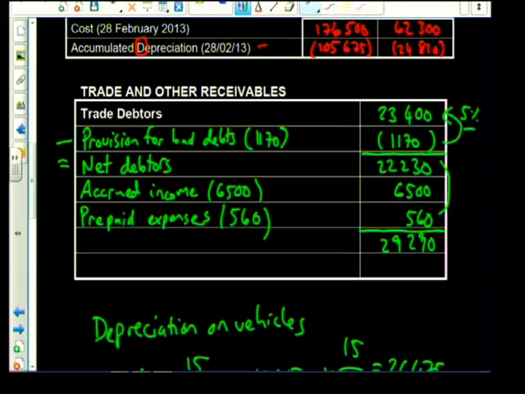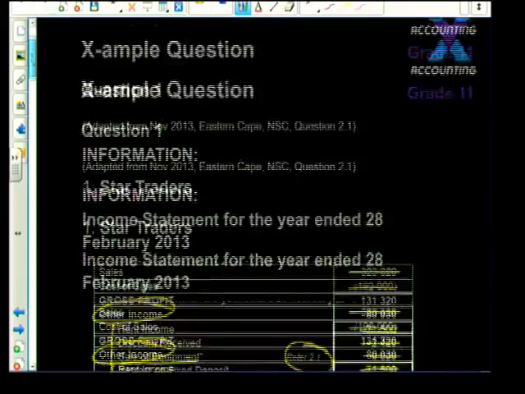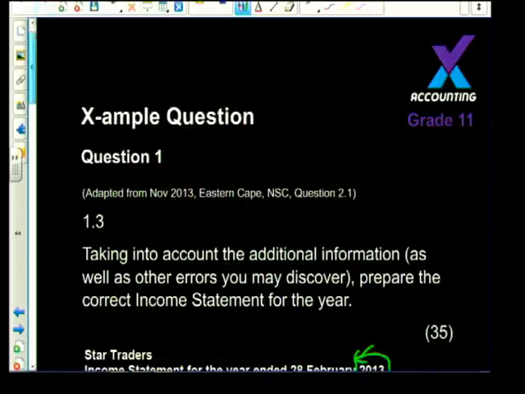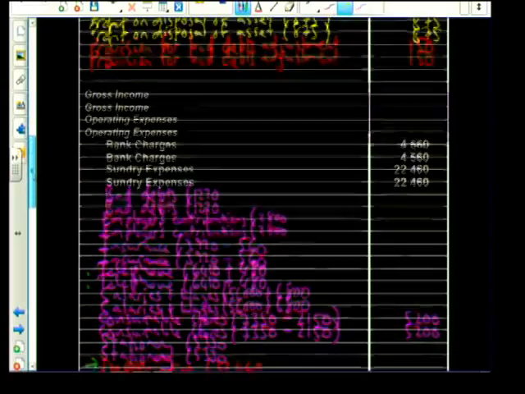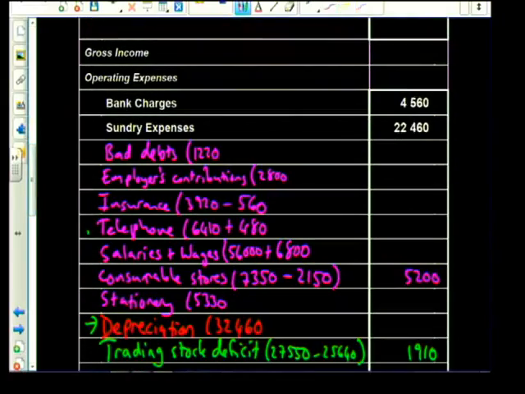All we still have to do now to finish the question is to go to our income statement, which is partially completed here. We need to calculate all of the numbers that have got brackets in. Some of them, there were no changes, so I'll just do those first. So I'll put 2420 here, 875 goes here, and then most of our other expenses also didn't have any changes.